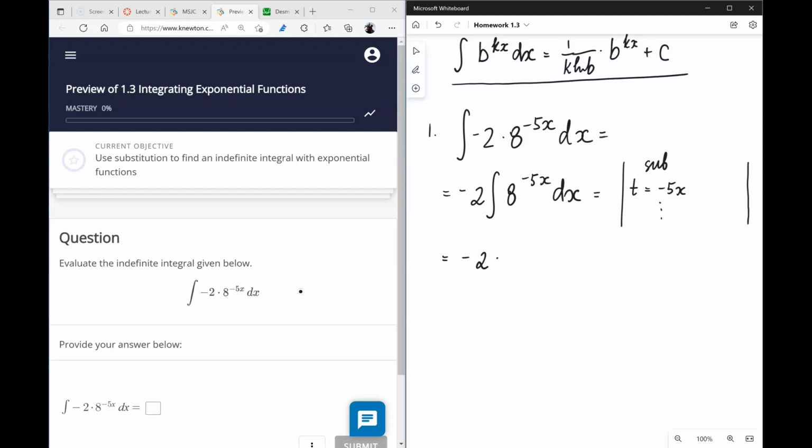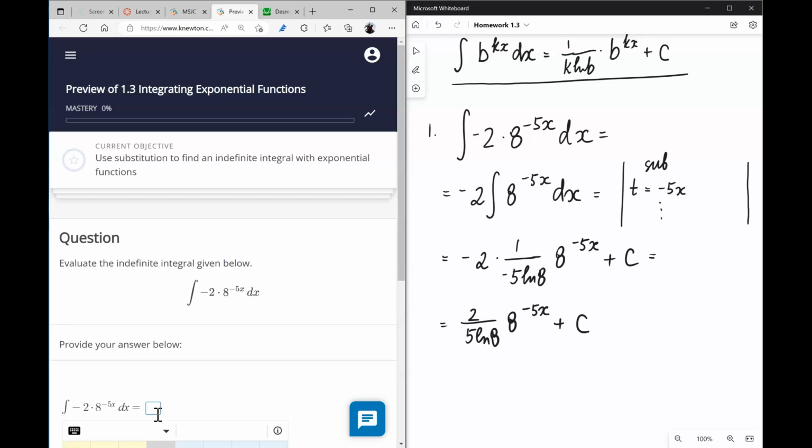So we're going to have -2 times 1 over -5 ln 8 times 8 to the power -5x plus c. And of course, we can simplify this. 2 over 5 ln 8 times 8 to the power -5x plus c is my answer.